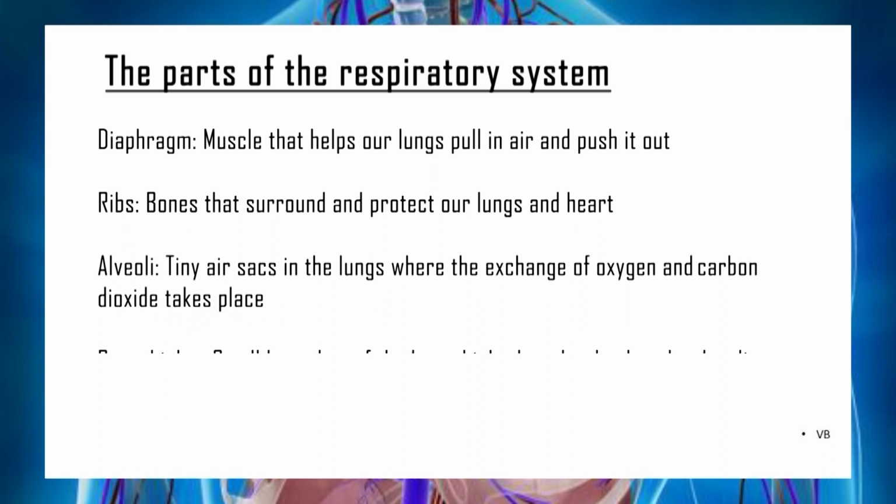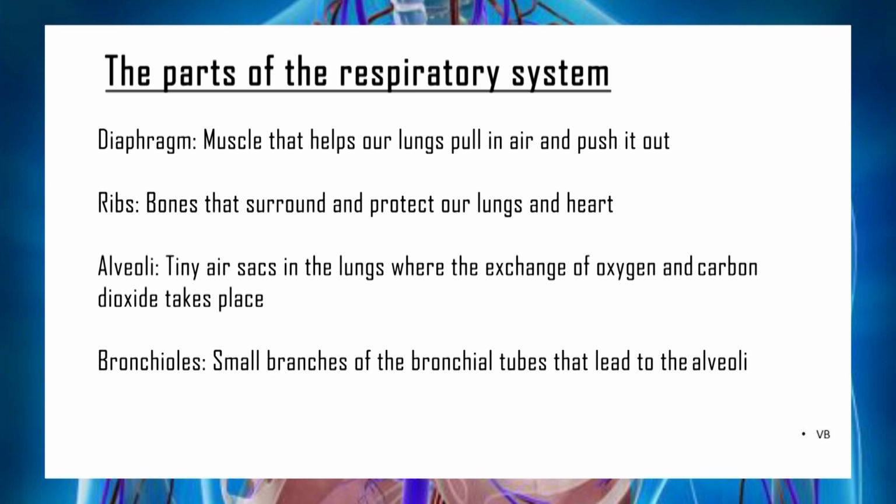Other components that work with the lungs and blood vessels include alveoli. Alveoli are tiny air sacs in the lungs where the exchange of oxygen and carbon dioxide takes place. Bronchioles are the small branches of the bronchial tubes that lead to the alveoli.